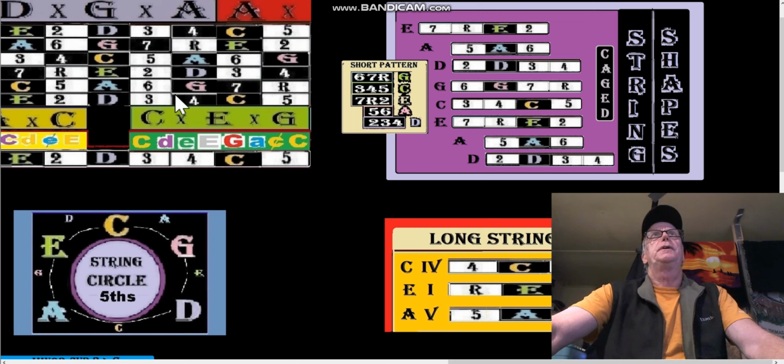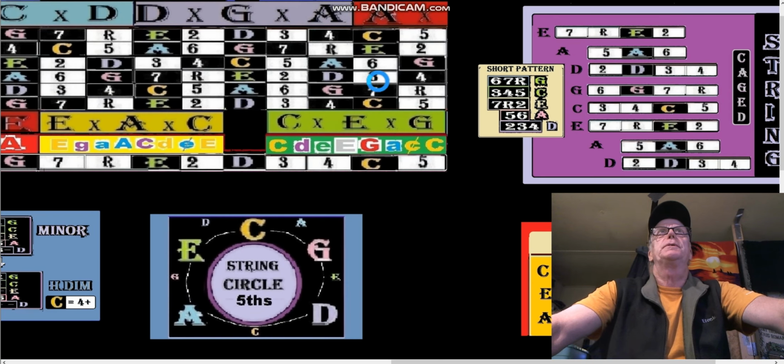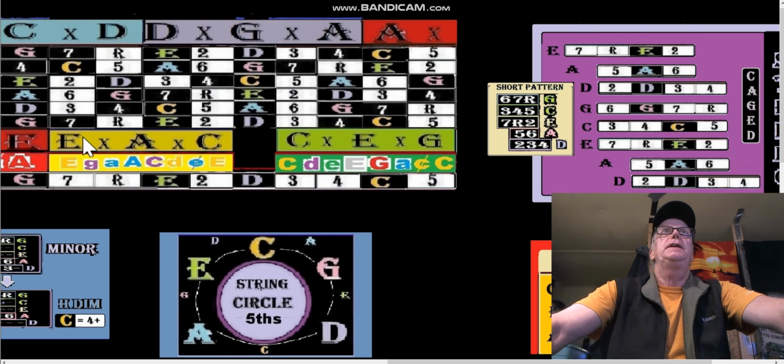The lowest string is a 3, 4, 5, which is designated as a C string shape. So the fourth of C is the E string shape, because from there we would substitute in a root string shape. You can see right here, see the E string shape?